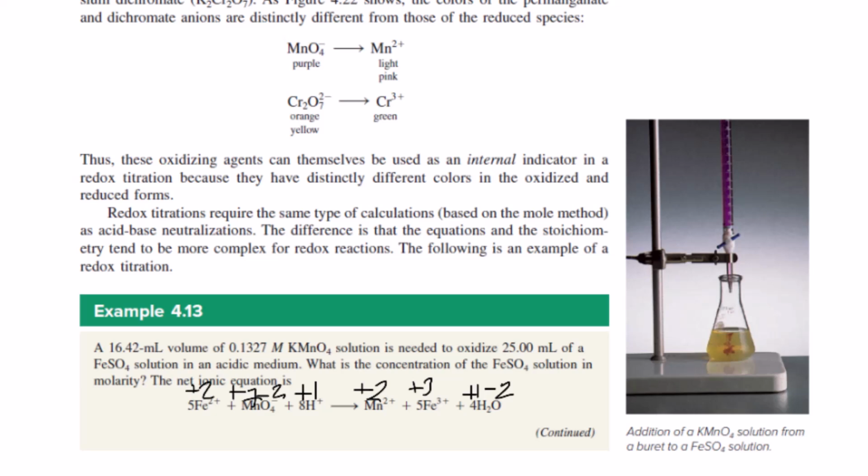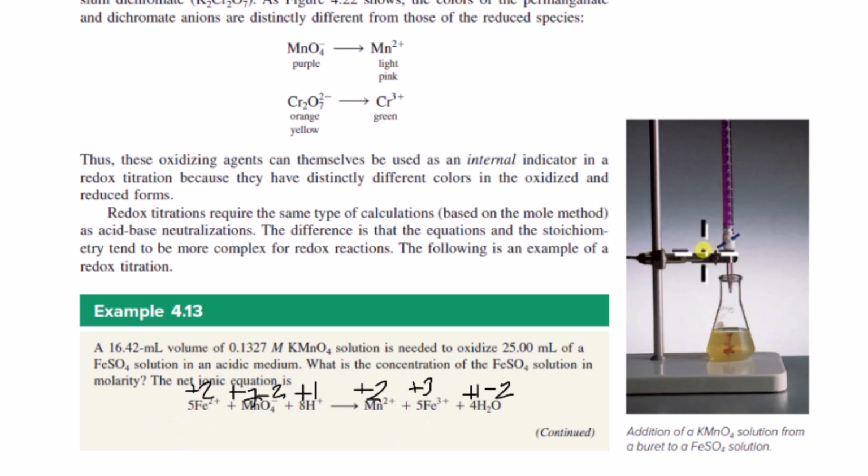And that's the indicator of the equivalence point, okay? And at the completion of the titration, you know exactly how much volume of the standard solution, the potassium permanganate solution, was added to the beaker, to the unknown solution, in order to completely react with all of the Fe2+ ions that were initially present in the unknown solution.